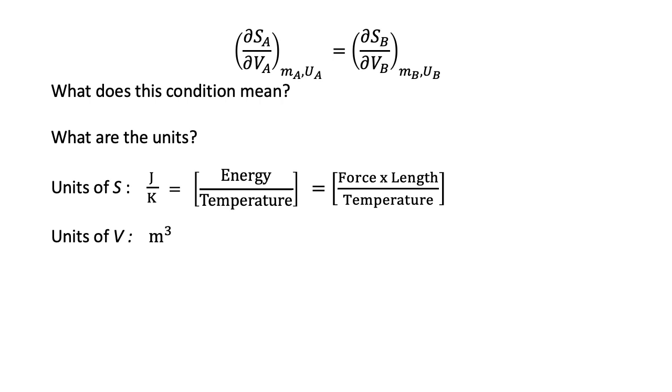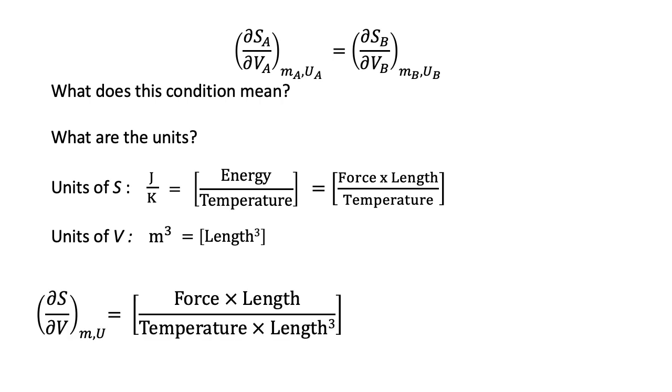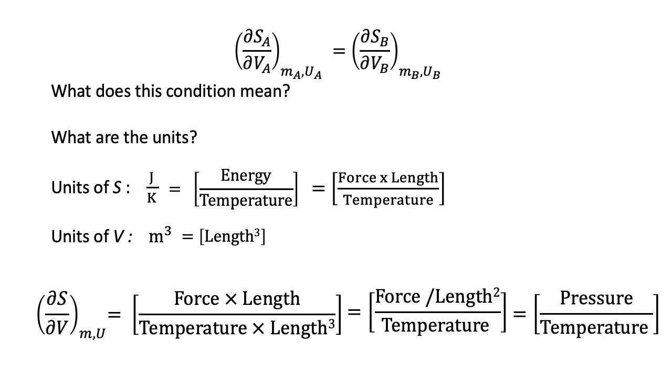The units of V, volume, are meter cubed. So the dimensions would be length cubed. So the dimensions of the partial derivative, dS by dV, are force times length divided by temperature times length cubed. We can simplify that and write it as force divided by length squared, divided by temperature.